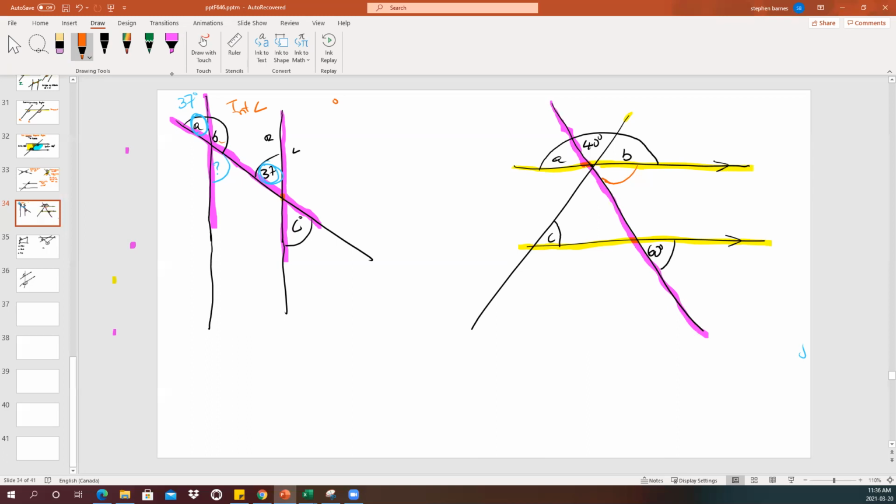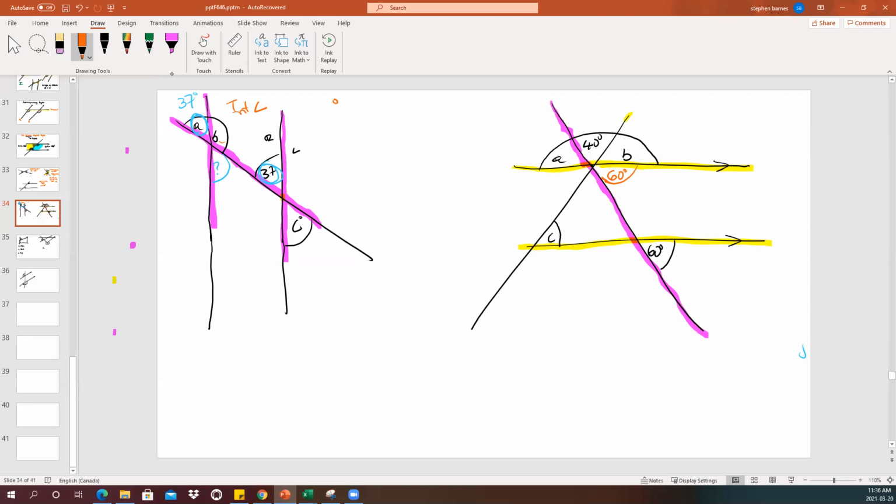No, it's corresponding, right? So this 60 here is a corresponding angle to this. This angle here is corresponding to this one, right? Are you seeing that? So if you look at these two, this angle is on the bottom, and this one is on the bottom of the other parallel line, right? So we can identify this as being 60 degrees right there.